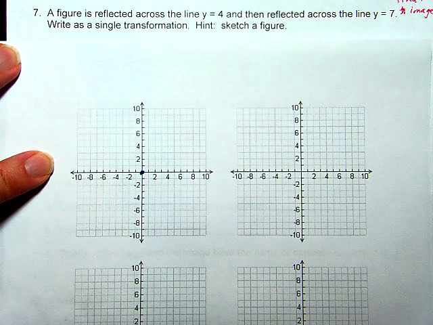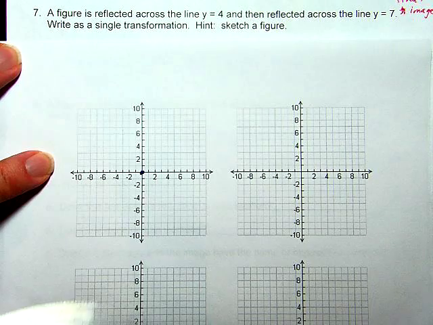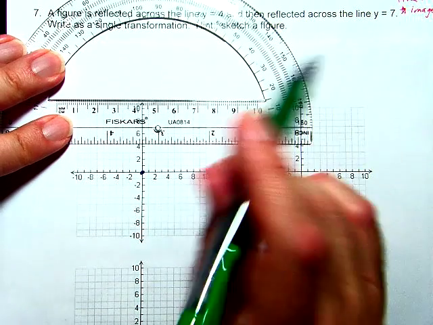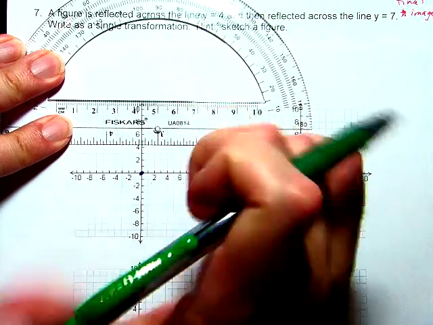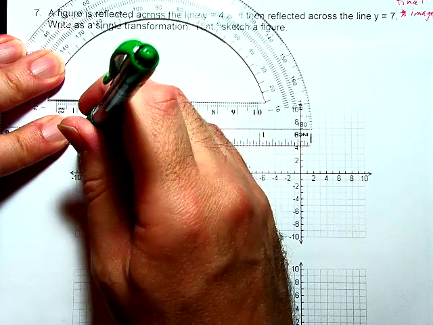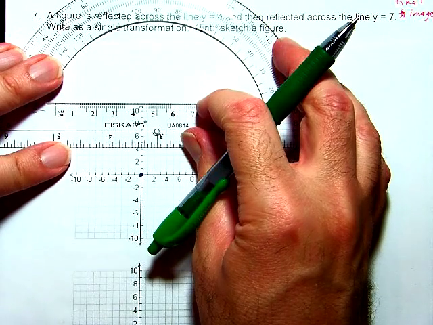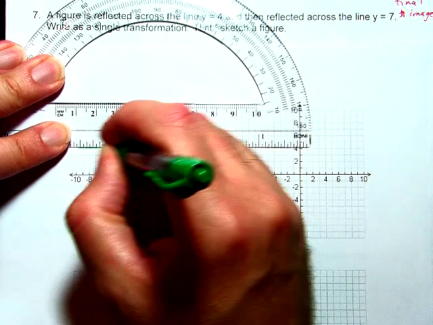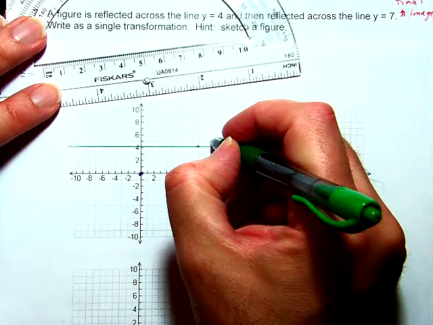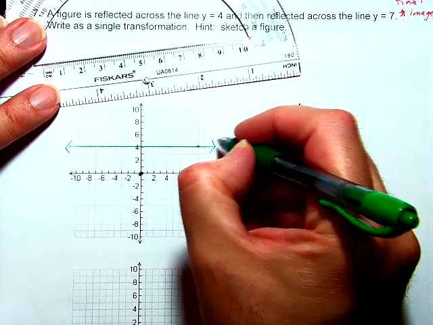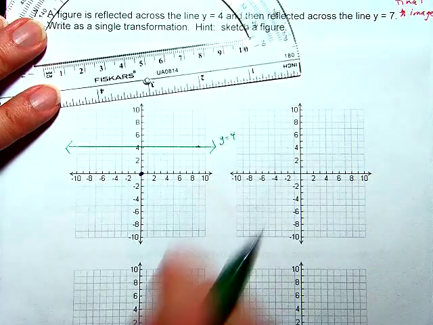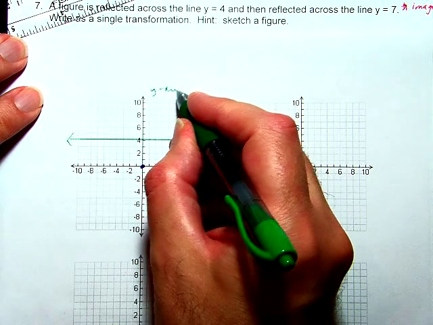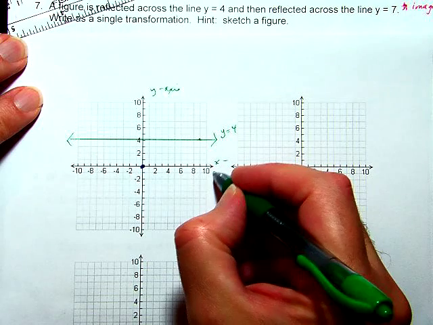Then let's draw the line y equals 4, which we've drawn similar lines for a bunch of times already. So this is the line y equals 4, and it is intersecting the y-axis at 4, and it is parallel to the x-axis.